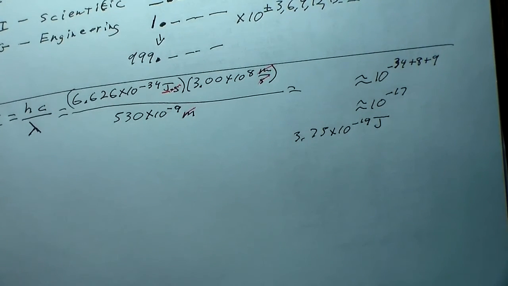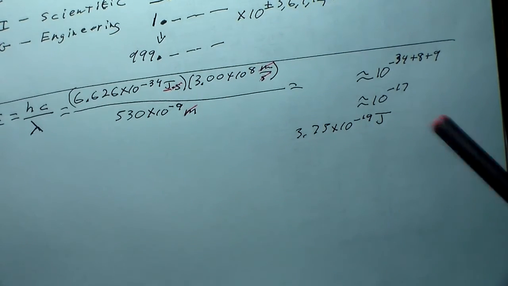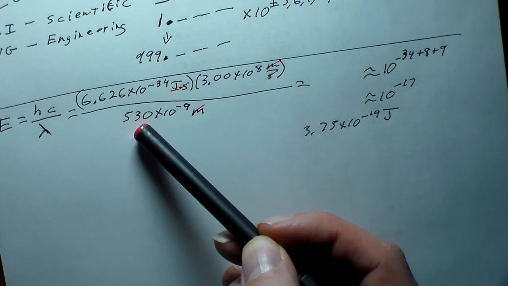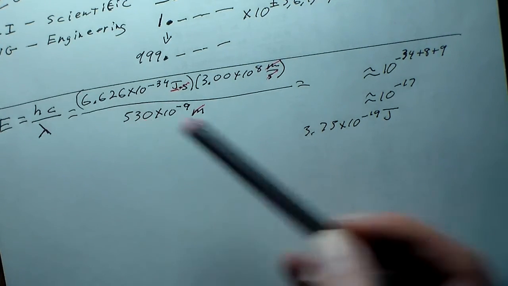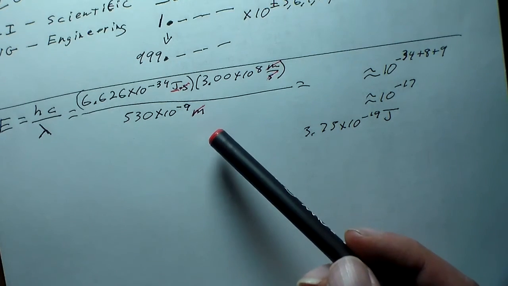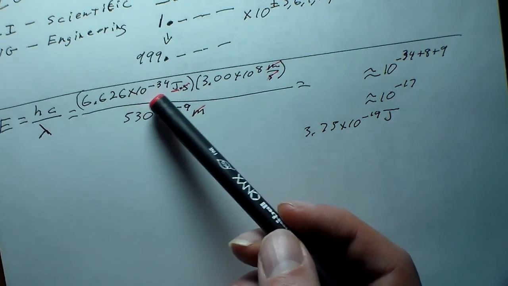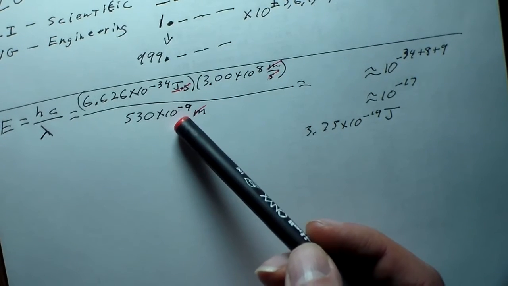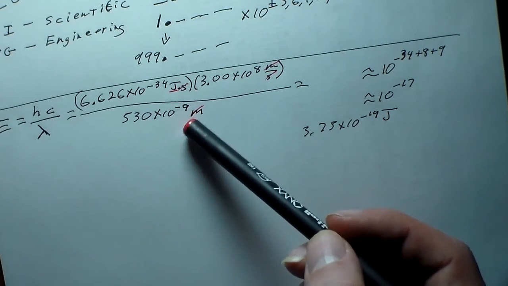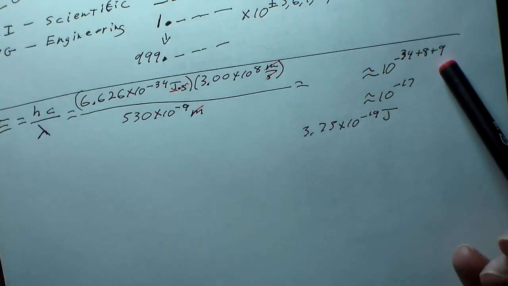Now, we said that this should be about 10 to the minus 17, and here's 10 to the minus 19. Did we make a boo-boo? Well, no. First of all, we did have this 530 here, which is basically that factor of 100, so that's why we were at 17 and now we're at 19. Additionally, if we happened to be off, we would be off by a factor of like 10 to the 18th or so if we multiplied this by 10 to the 9 instead.